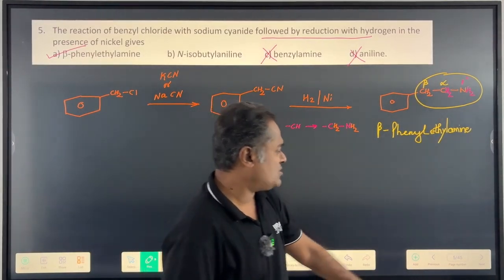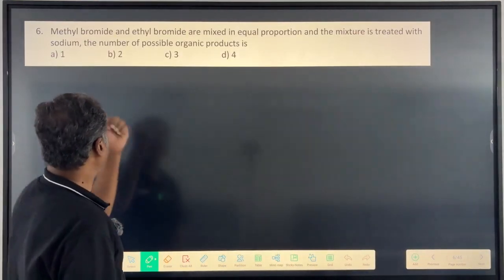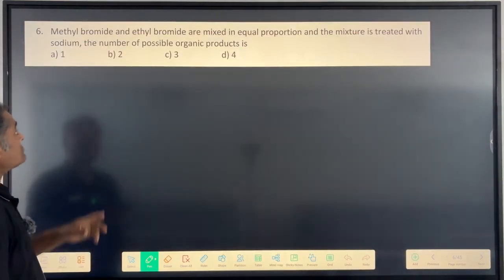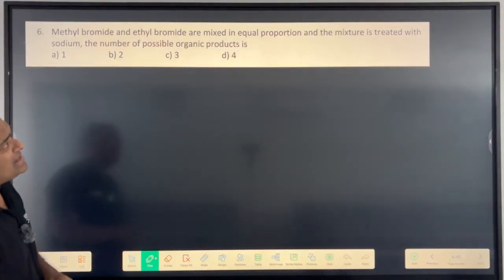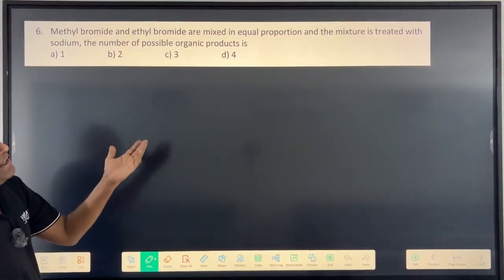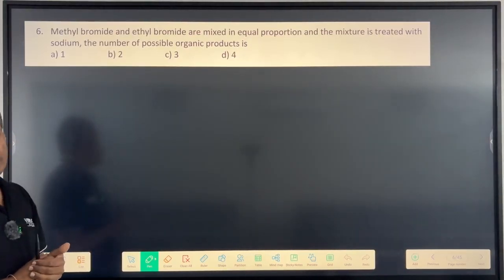So, let us proceed to the next question. Now, over here the next question is: methyl bromide and ethyl bromide are mixed in equal proportion and the mixture is treated with sodium metal. The number of possible organic products is?